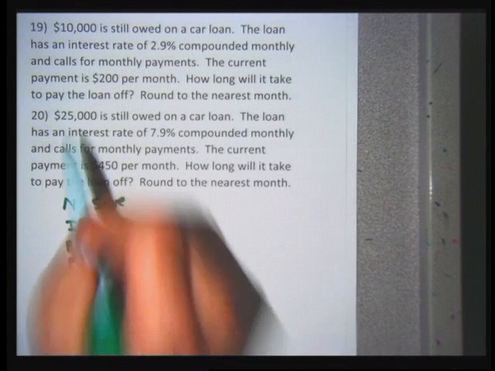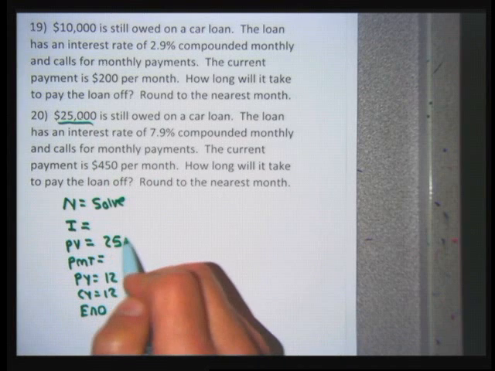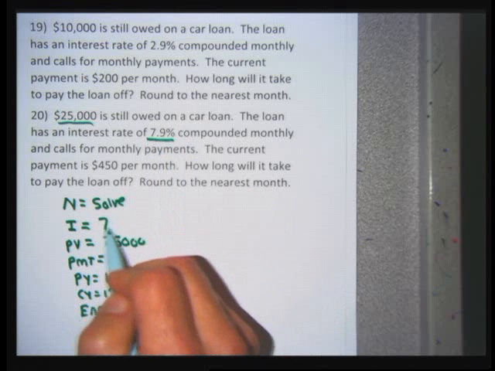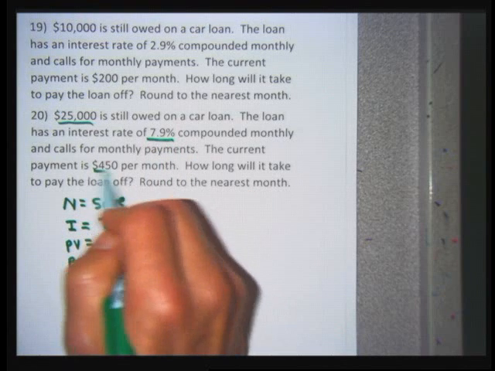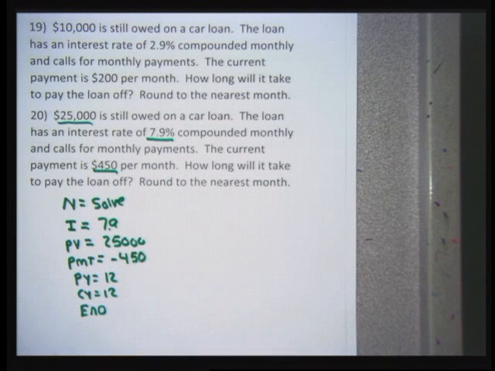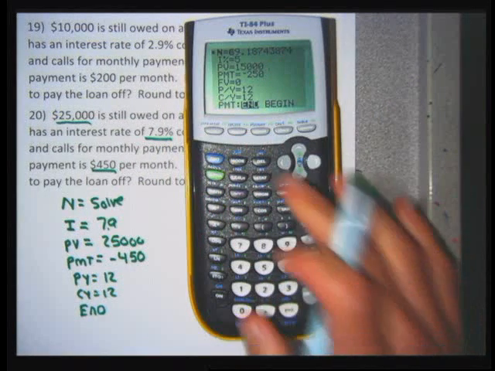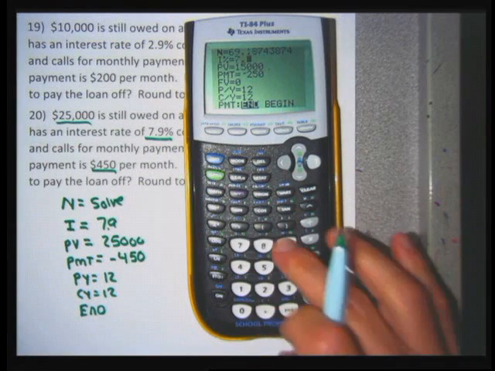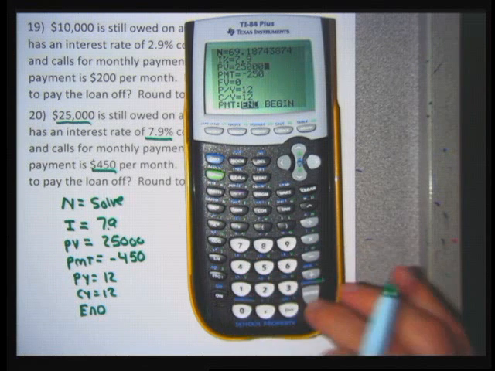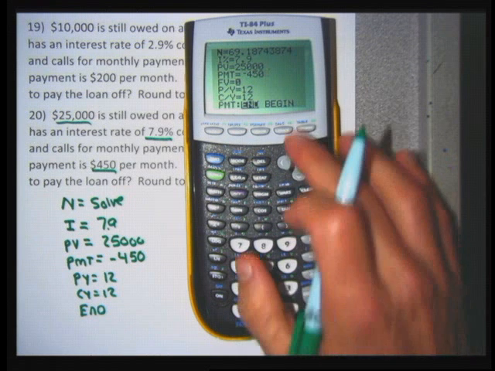So for my problem 20, the $25,000 that's still owed is going to be the PV. The 7.9, that's the interest rate, is going to be the I. And the $450 a month that we're making as a payment needs to go in as a negative. So now I'll break my calculator out, and 7.9 for the I, 25,000 for the PV, negative 450 for the payment.